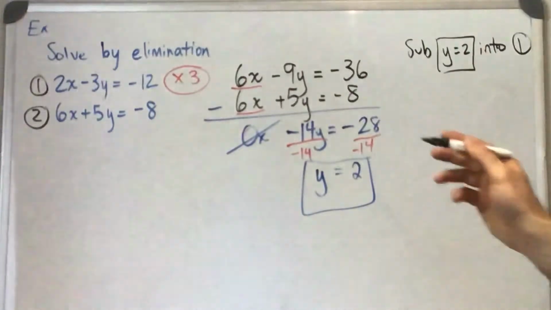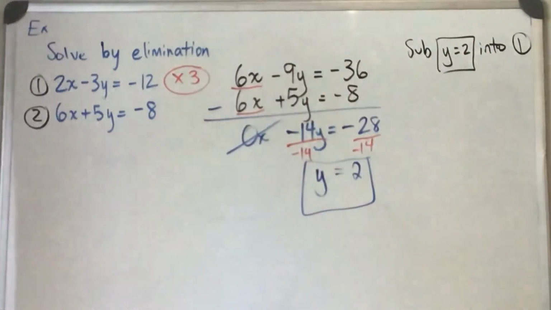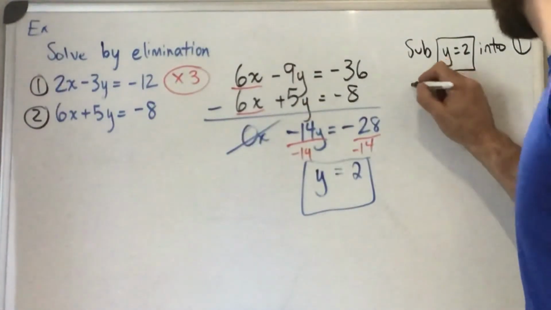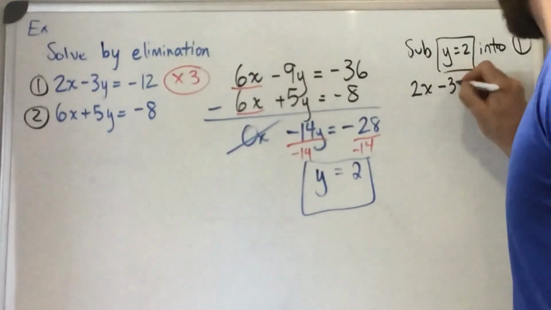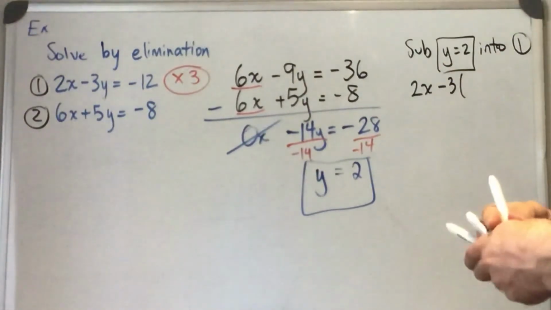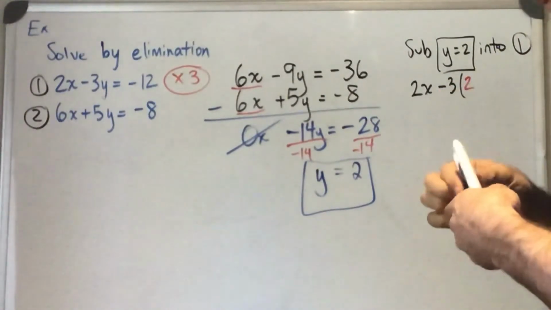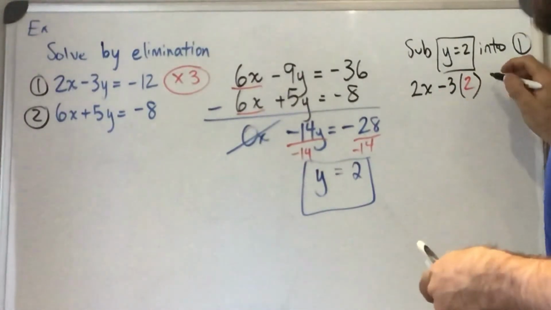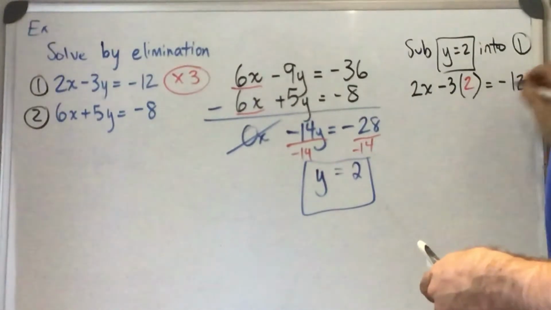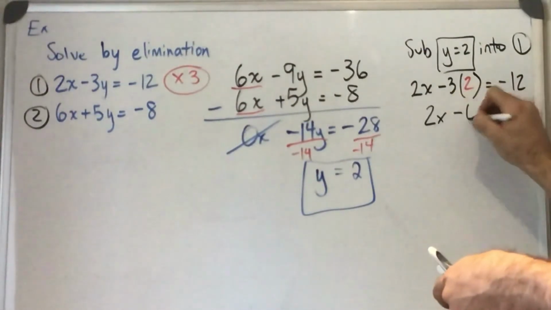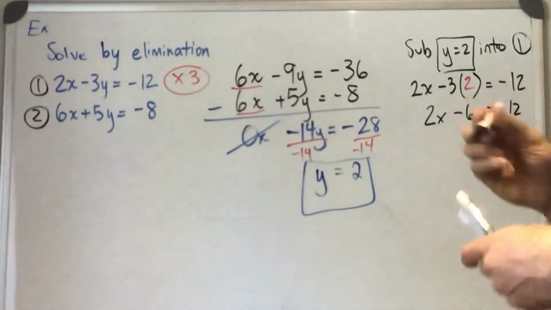No other reason. I'm going to sub it back into that equation. So we're going to have 2x minus 3, and here we're going to put in our y value, equals negative 12. So we have 2x minus 6 equals negative 12.